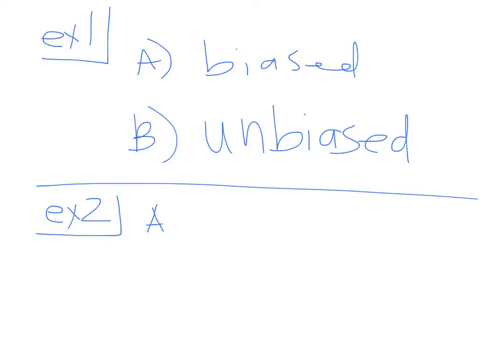Let's go to example number 2. A: a pet store mailed a survey to all residents in the city to find out how many have pets. 50 people responded, and the results are in the table, so make sure you're paying attention to the book. Is this sampling method valid?